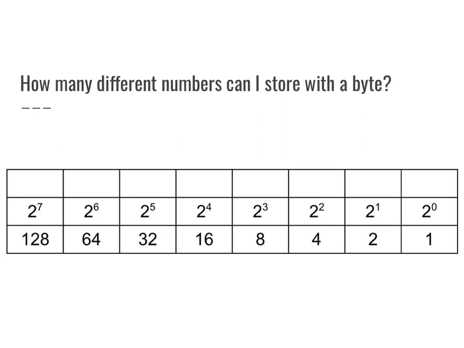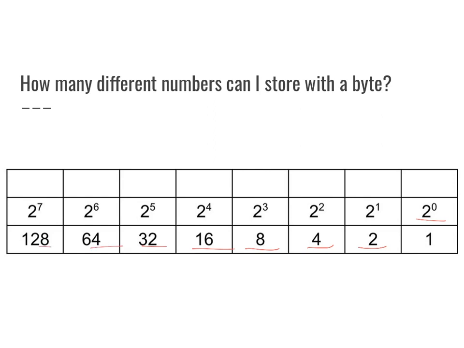Well, because there's 2 options, 1 or 0, I work on base 2. So we have here in the first 2 to the power of 0, which means I can only really store 1 in here. Whereas 2 to the power of 1 is 2, 2 to the power of 2 is 4, 2 to the power of 3 is 8, 2 to the power of 4 is 16, 32, 64, 128.